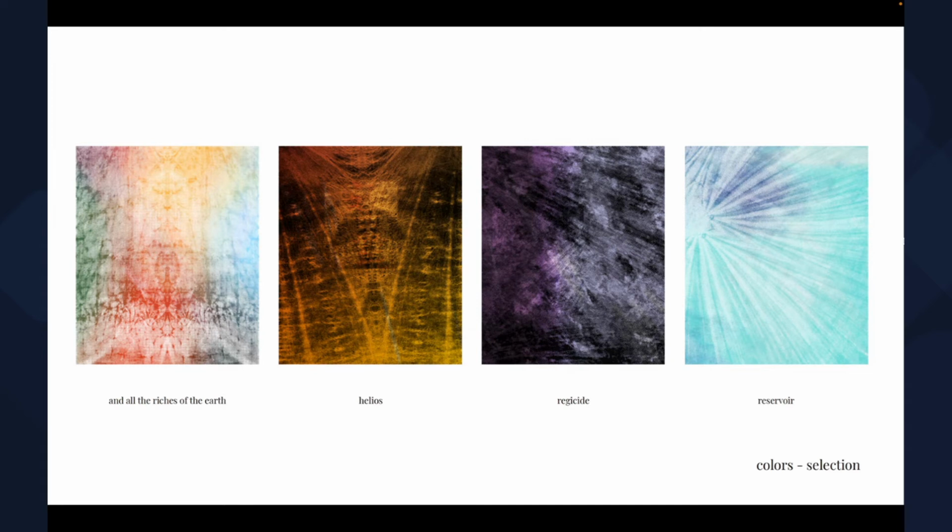These ones are fairly self-explanatory, but the oranges were Helios, the purples were Regicide, because purple tends to be the color of monarchs, and Reservoir, blue is the color of water. When I came to Rob, I'd only organized how we were going to operate with the colors in a couple of ways.